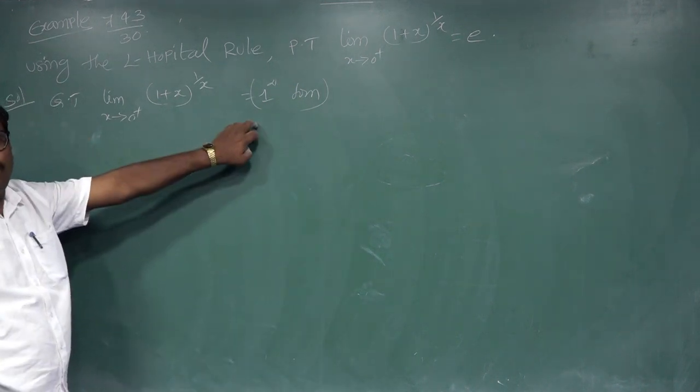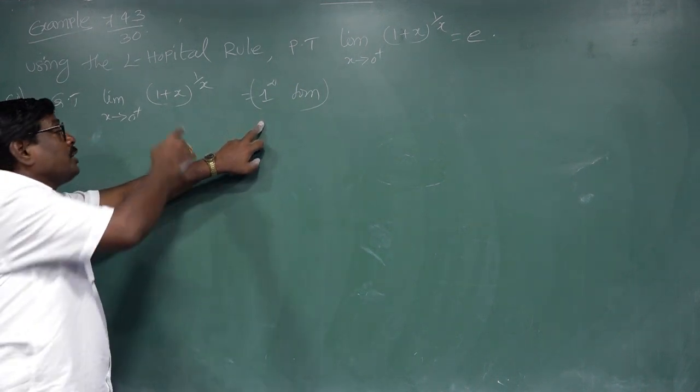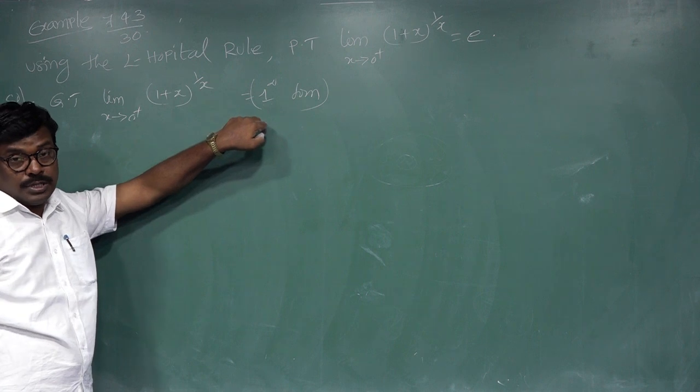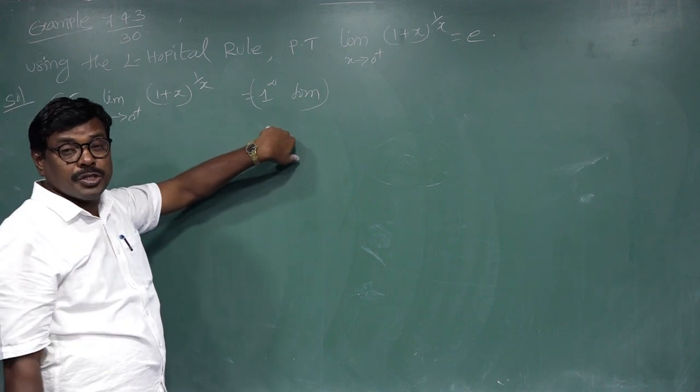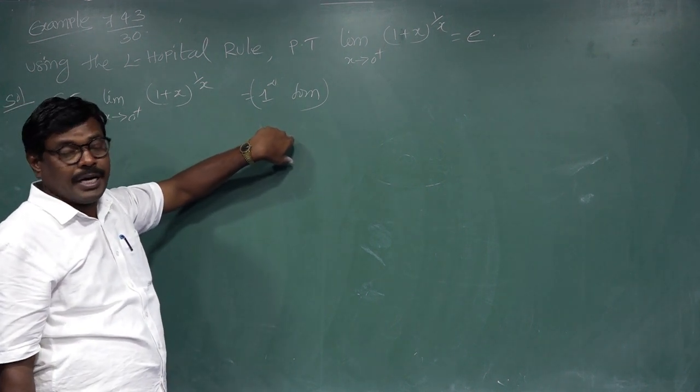This is an indeterminate form. L'Hospital rule applies only to 0 by 0 or infinity by infinity. But this is 1 power of infinity, an indeterminate form where you cannot directly use the L'Hospital rule.